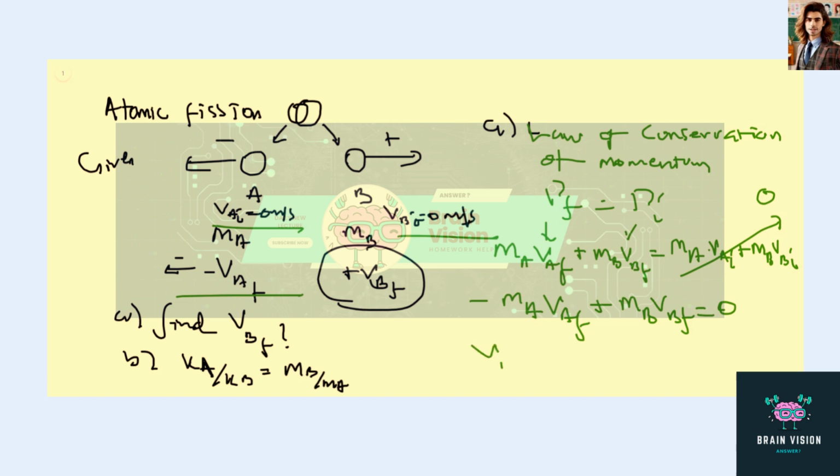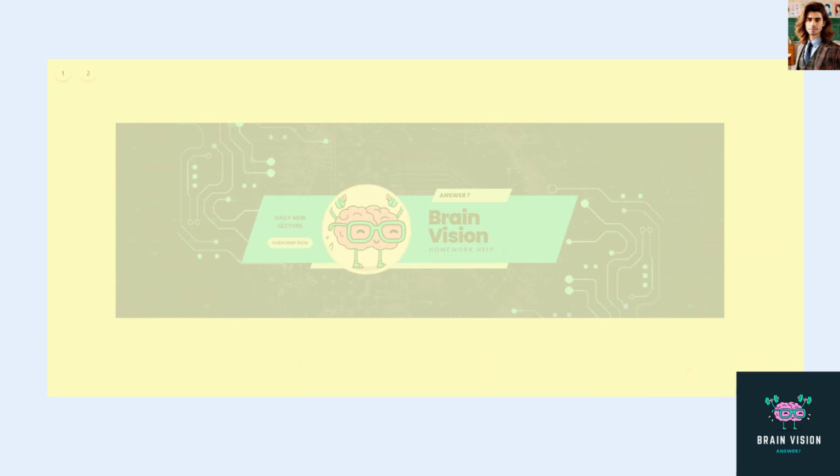Solving for the final velocity of B, you get MA VA final over MB, which, according to the way the book wants to structure the question, you could change to just the mass of A times the velocity of A over the mass of B. But just recall that this is final. It's the same thing. That's what happens in part A.